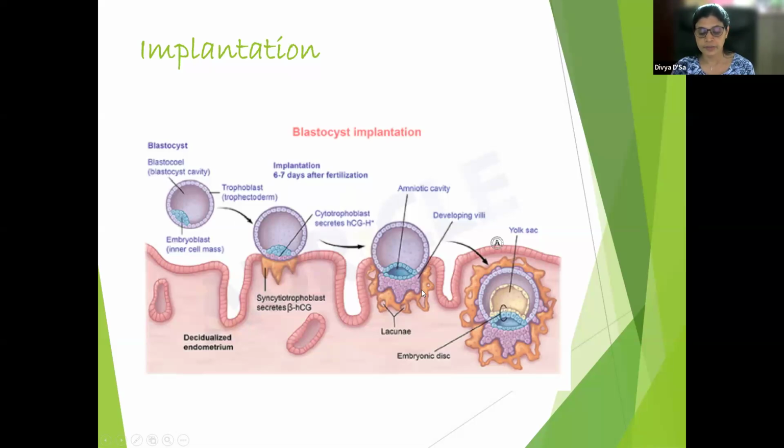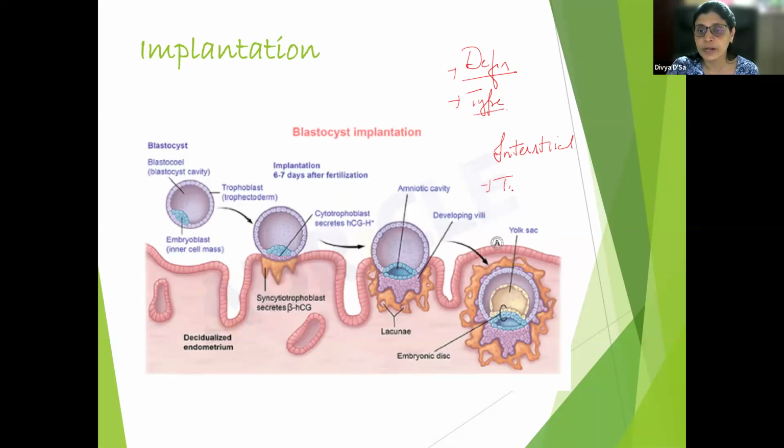The blastocyst gets deeper until it completely lies within the endometrium. This is known as interstitial implantation. In humans, the type of implantation is interstitial. So when you write about implantation, first write the definition, and next the type of implantation, which is interstitial.